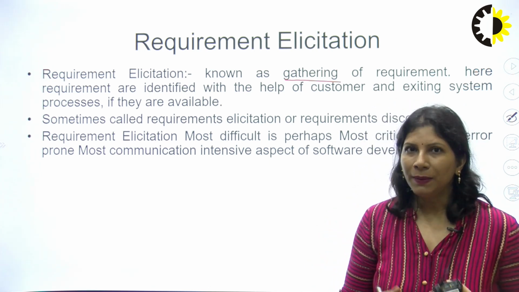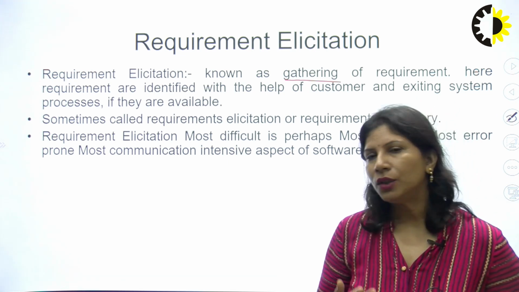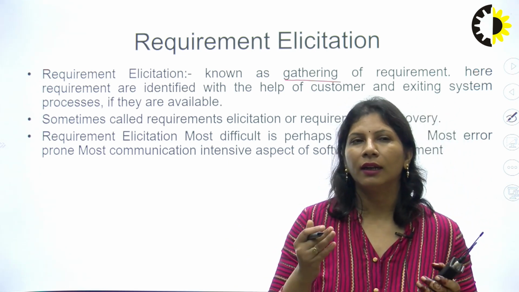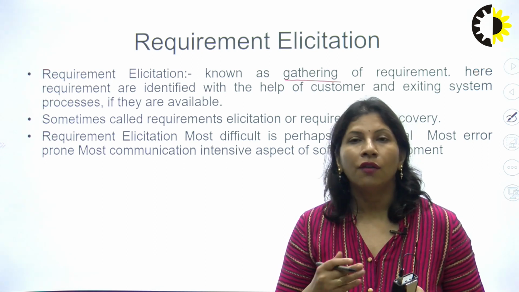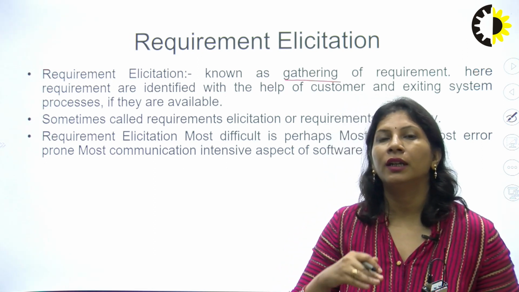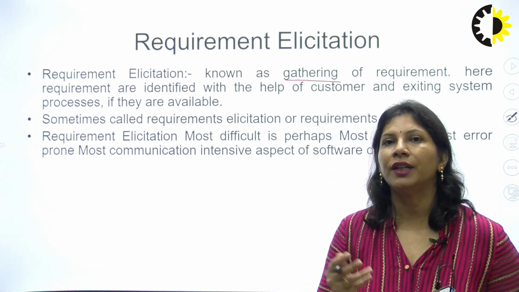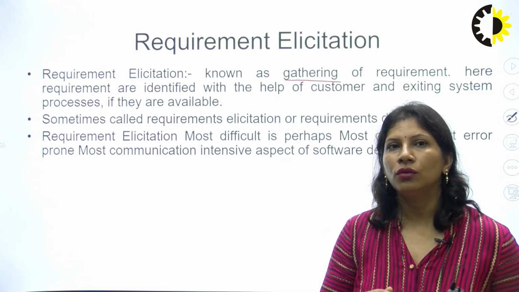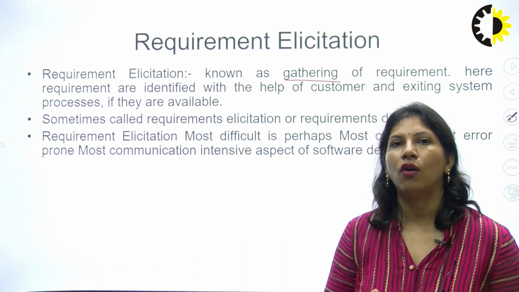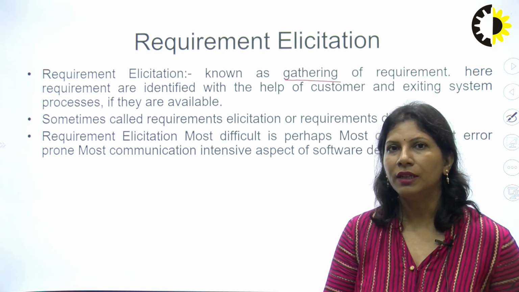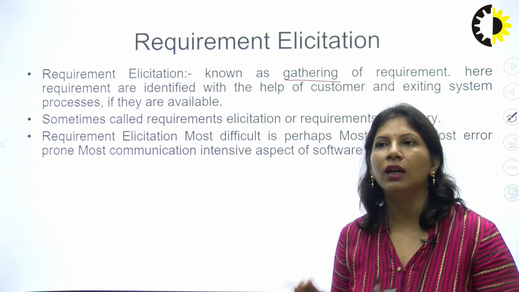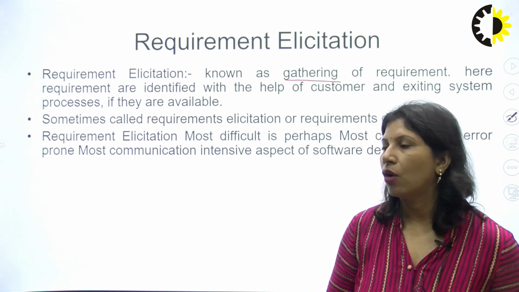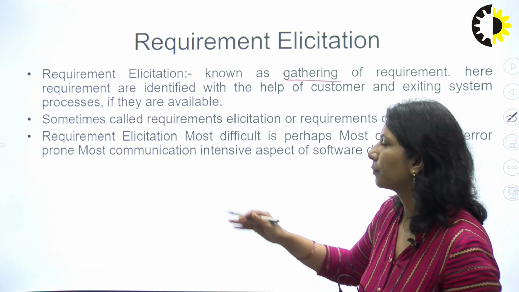It may be possible that either we are developing a new system or we are re-maintaining an existing system. So we have to take the help of the customer, or we have to look into the existing system or some existing processes.